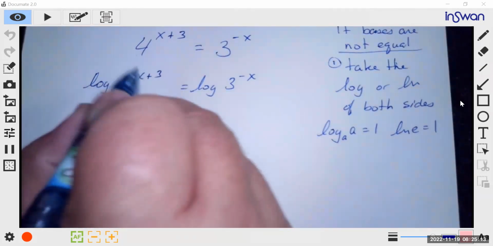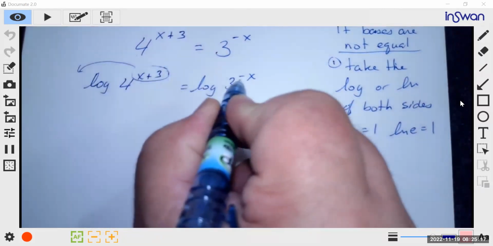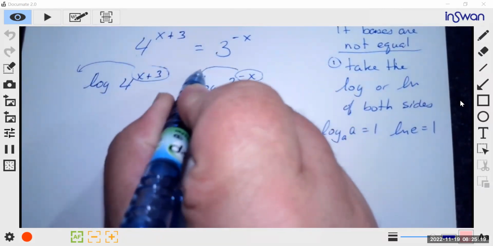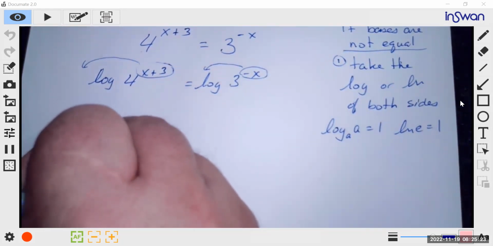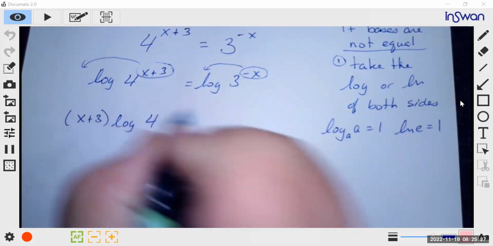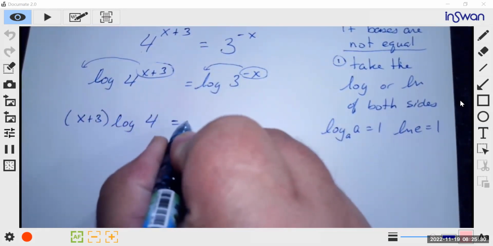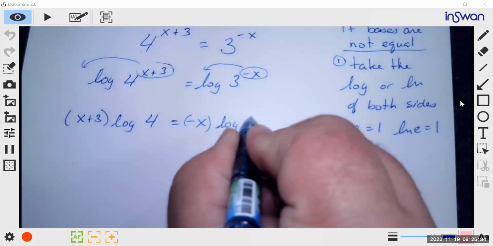When you take the logs of both sides, these exponents now come in front, because that's one of the properties we had. So we have x plus 3, put that in parentheses because it's one expression, equals negative x log 3.